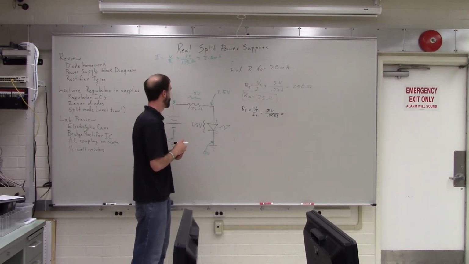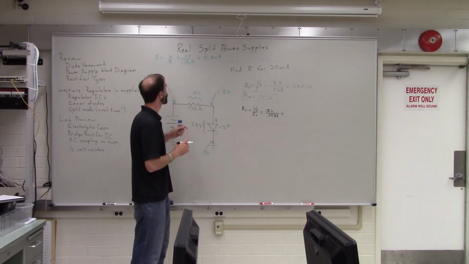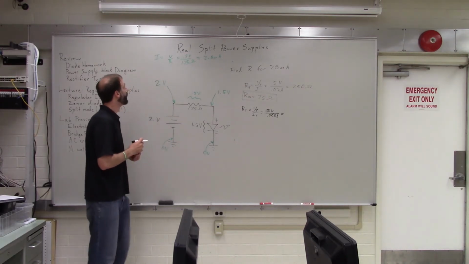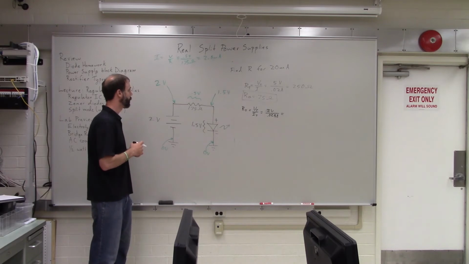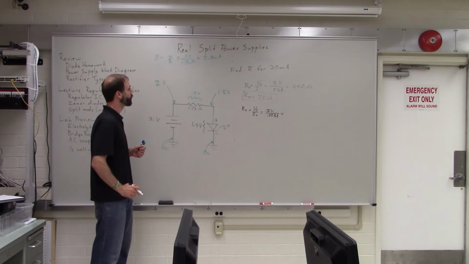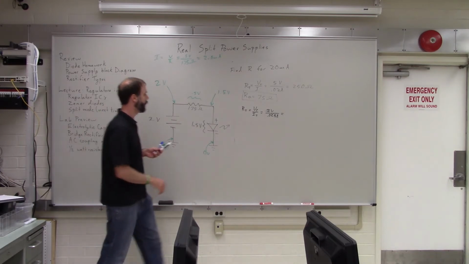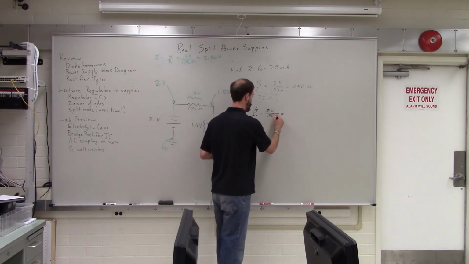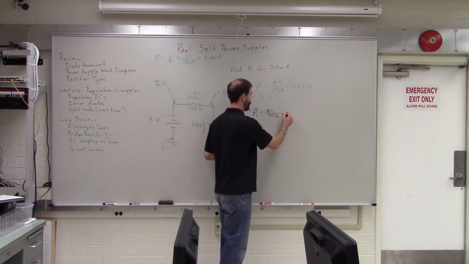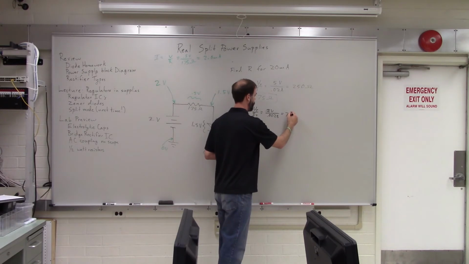We've got 2 volts over 0.028 amps. So 714 ohms.